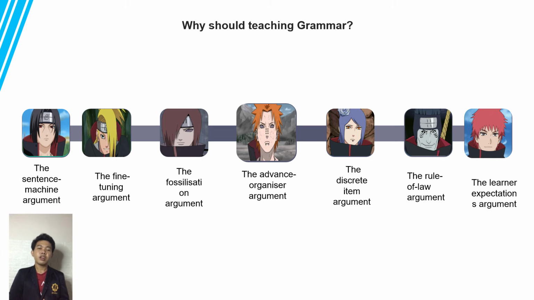Number 6. The rule of law argument. It follows from the discrete item argument that since grammar is a system of learnable rules, it lends itself to a view of teaching and learning known as transmission.